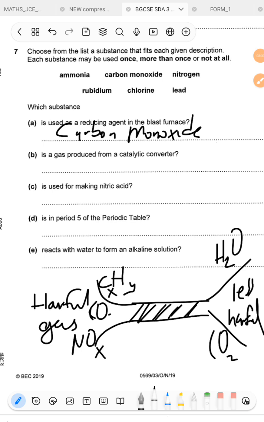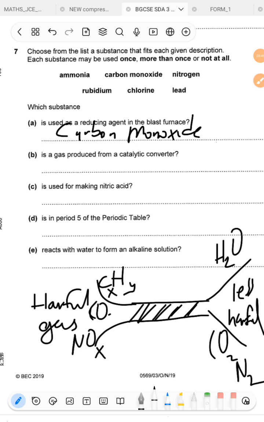Remember, carbon dioxide is naturally found in the atmosphere, so this is why you consider it to be less harmful. And then you can convert to nitrogen, a very stable gas that we find in the atmosphere.